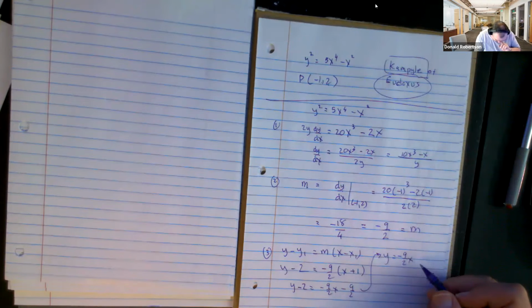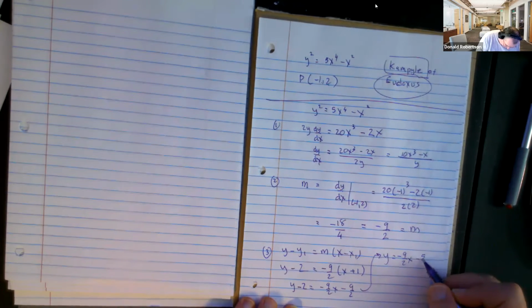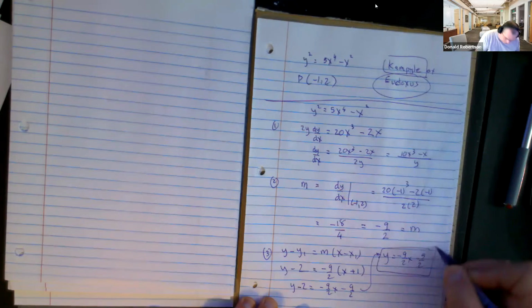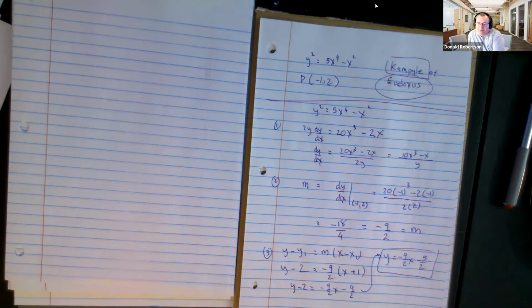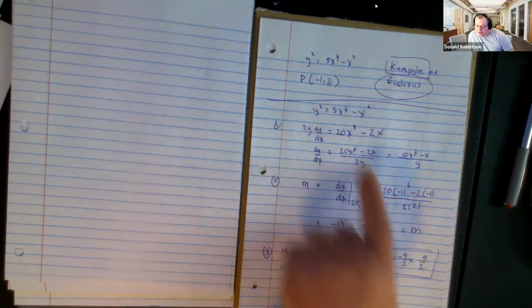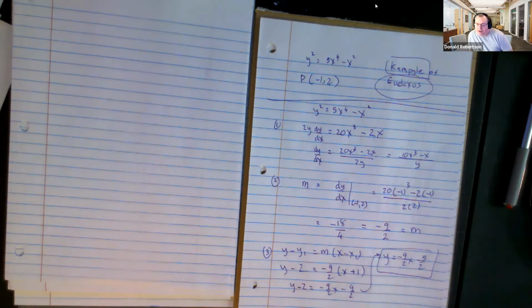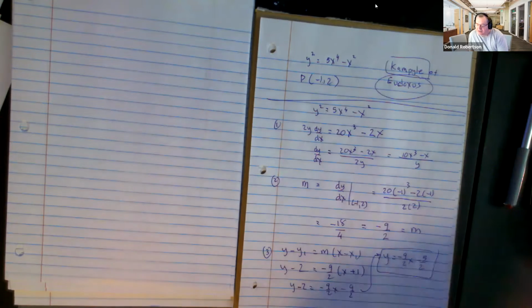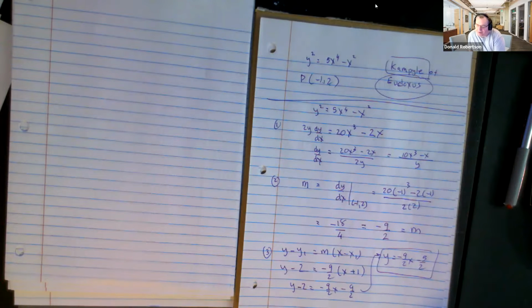Well, adding 2 is like adding 4/2. And there you're done. And I could, but I don't have time. Couldn't I plug that into Desmos and do that? And shouldn't we get a really nice tangent line at -1, 2? And we'd be really happy because we got it right.